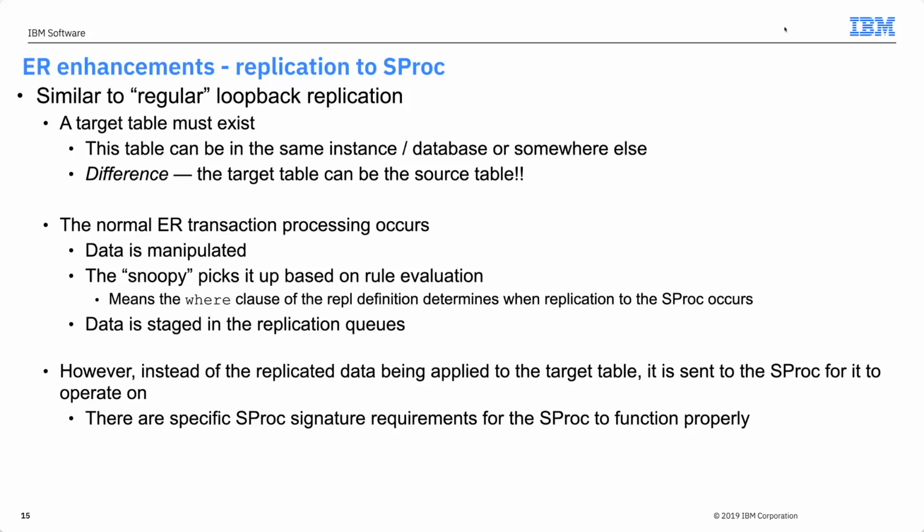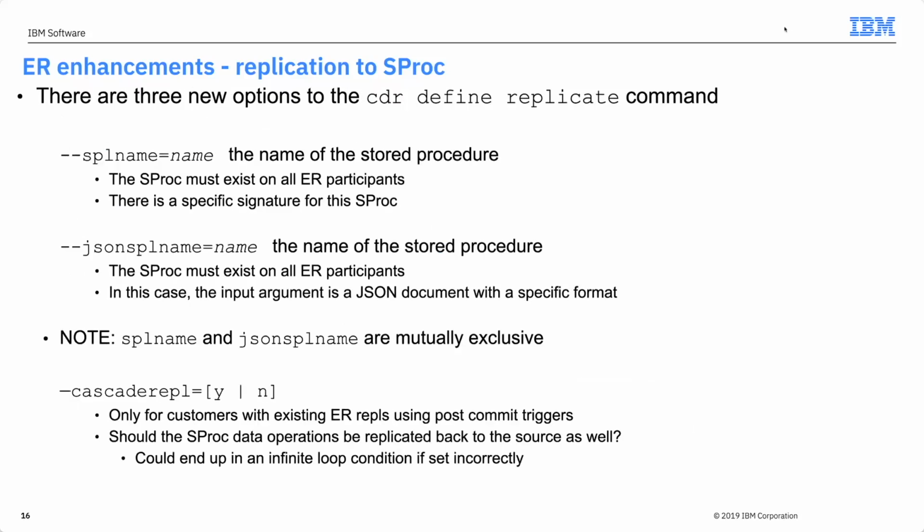And there are very specific signatures for these stored procedures that have to be followed. The stored procedure can run either against the SQL data itself or a JSON document that you send, and that will determine which of the two statement signatures you use.